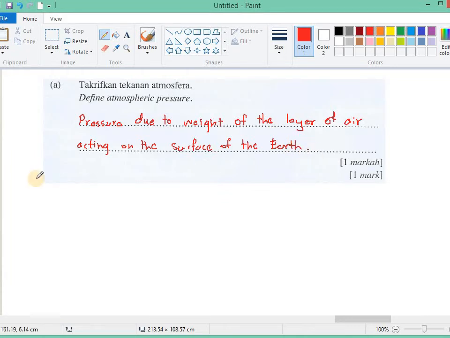Pressure due to weight of layer of air. So the air has weight and it presses down on us. The weight of the air is the force that acts on the surface. Force acting on surface, you get pressure.